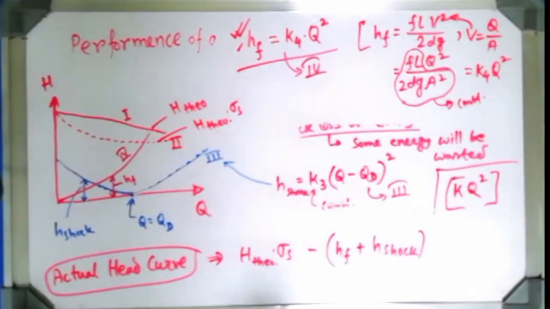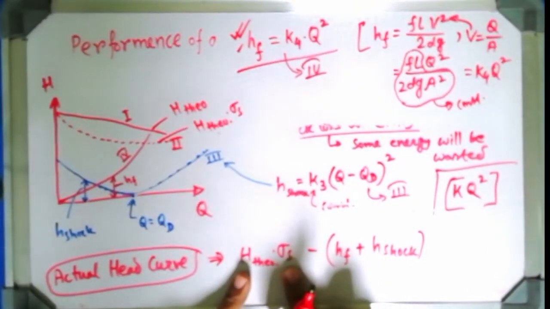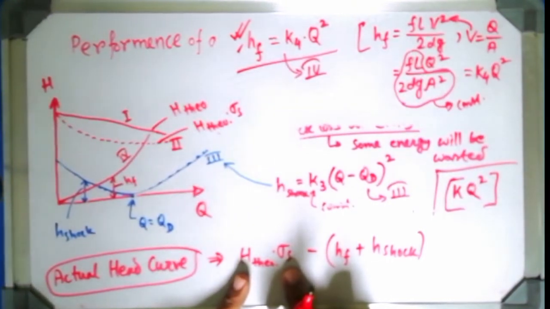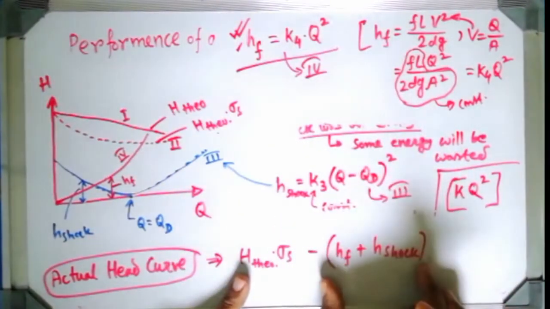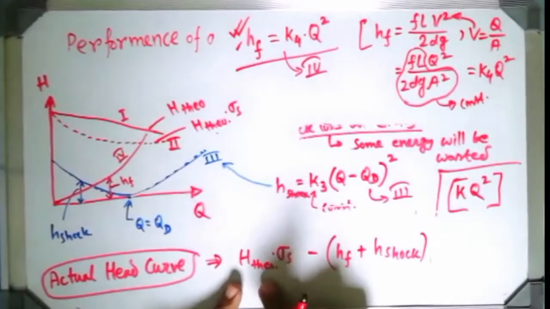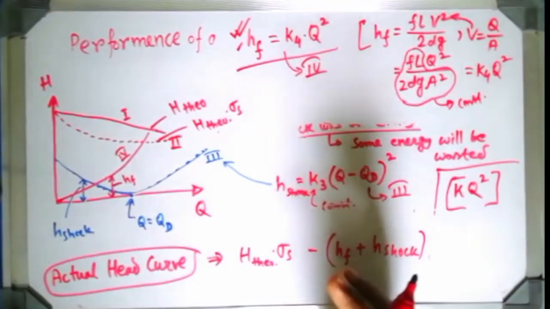Tell me, have you understood this or not? This head is given when you have considered the slip, but you haven't considered the head loss due to friction and head loss due to shock. So if I eliminate these 2 practical terms from this term, you will get the actual head curve where you have considered all the losses.